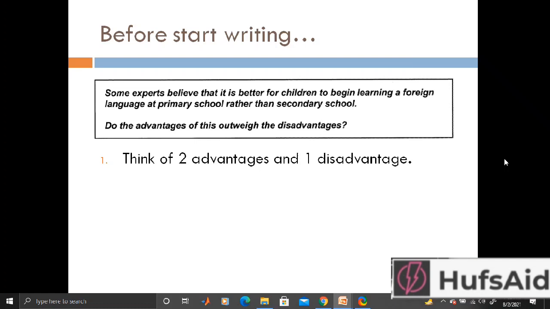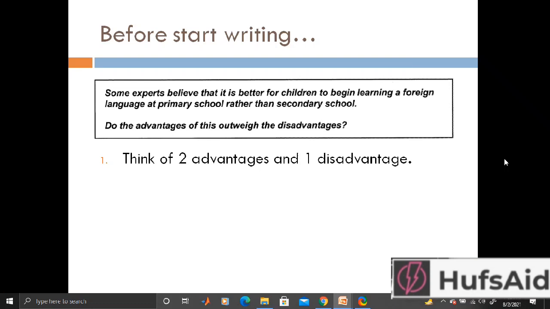Or if what I did in the advantages and disadvantages essay is I discuss 2 advantages and 2 disadvantages, if I discuss both of them equally, then also the answer would be wrong. So I need to think of 2 advantages and 1 disadvantage, because I am siding with the notion that advantages of this outweigh the disadvantage.